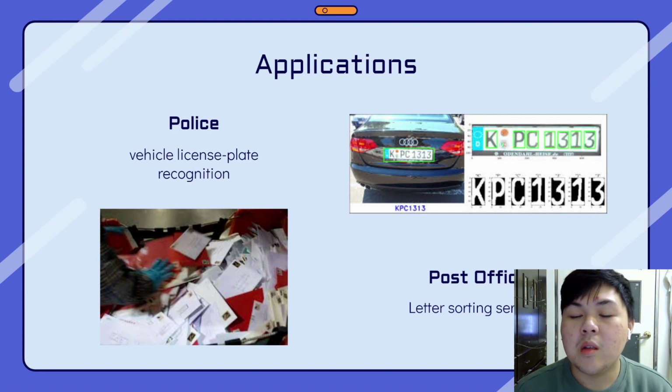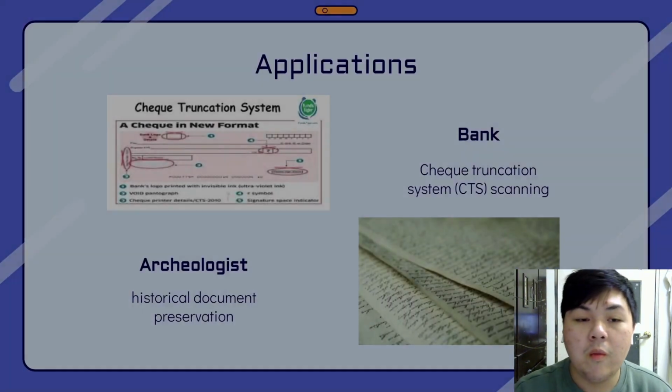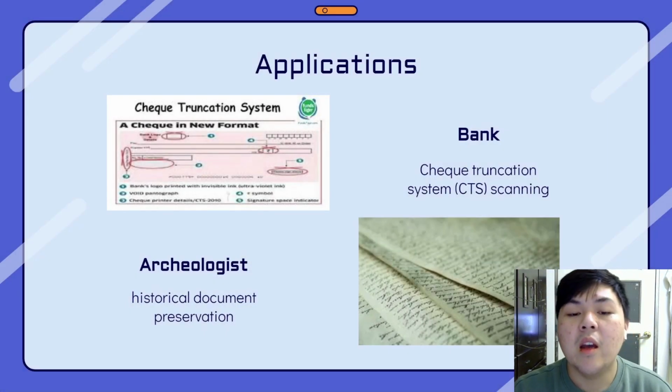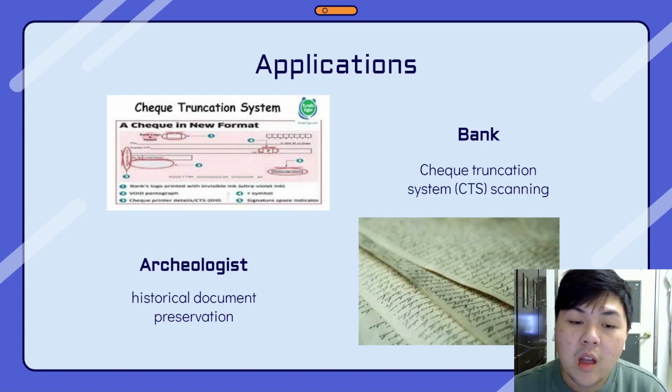The second one is for post offices for arranging letters, which makes it easier to send the letters to the receivers. For banks, they use it for reading text. And the last one is for archaeologists, used for historical document preservation.